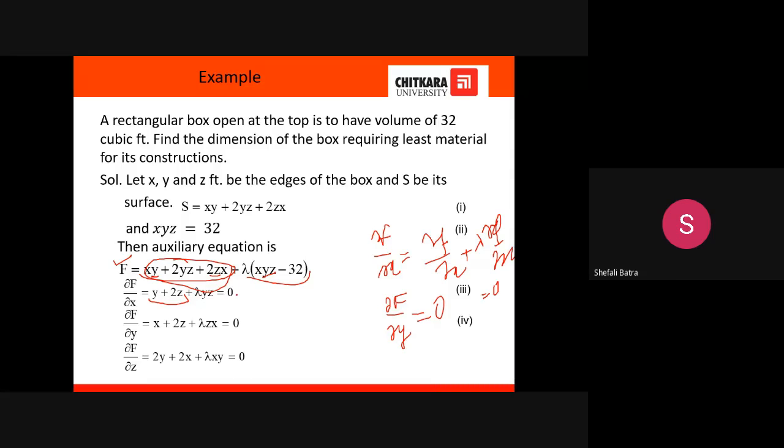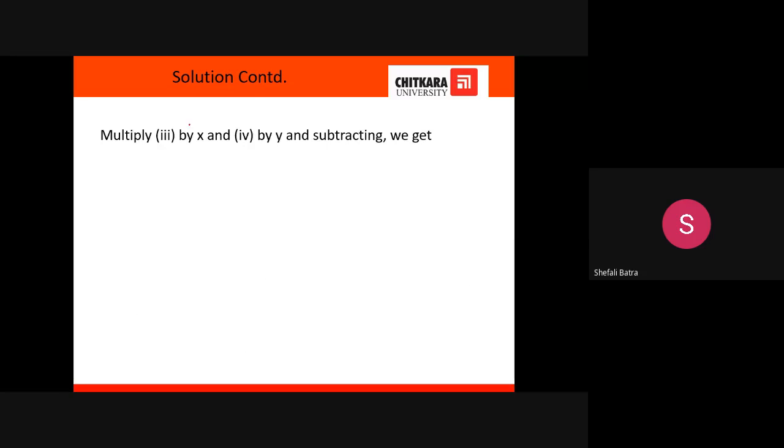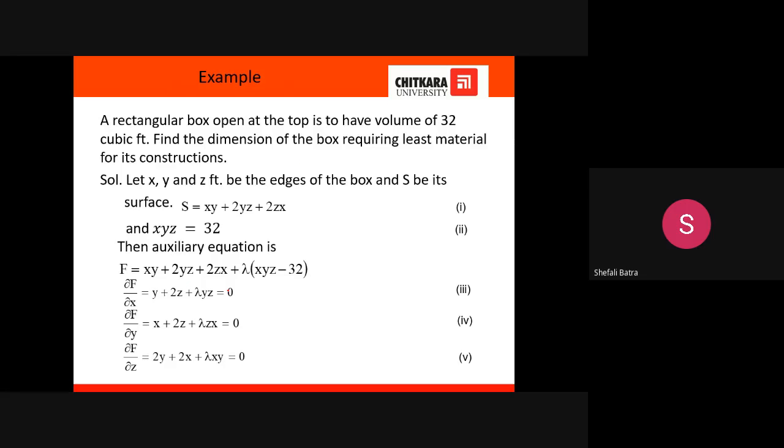Now, with the help of equations 3, 4, 5 and the given condition, you need to solve for x, y and z. How are we solving it? Multiplying 3 by x and 4 by y and subtracting. So xy and yx both will cancel out.